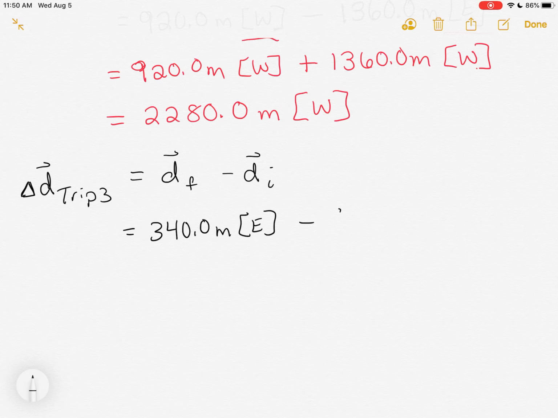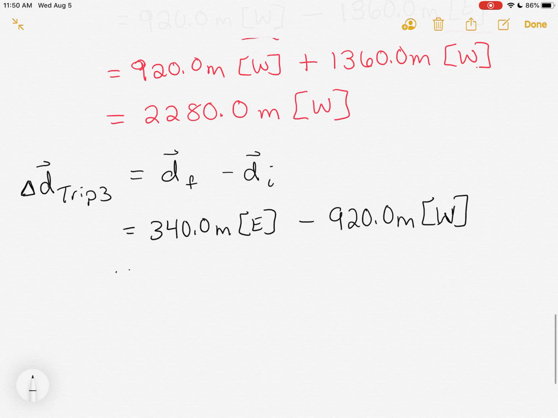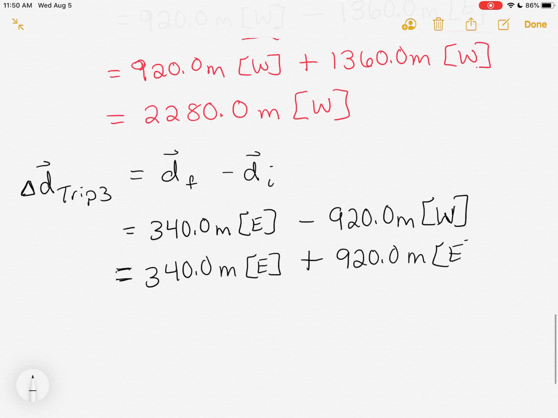Our initial position was at 920 meters to the west. Okay, and so again, we have the wrong directions here, and so we're going to flip this second one so that it's going to also be to the east. So it'll be 340 meters to the east plus our 920 meters now to the east since we flipped its direction. So that's giving us a total of 1,260 meters to the east for our displacement for trip number 3.